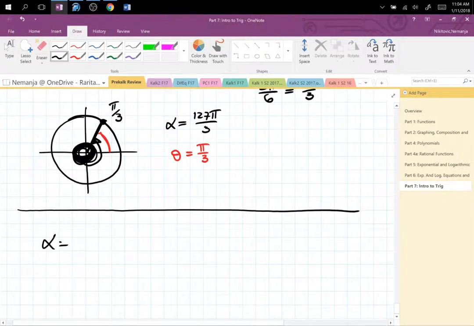Say that alpha, the angle given to you, is, I think 31 pi over 6 would be good, I hope.